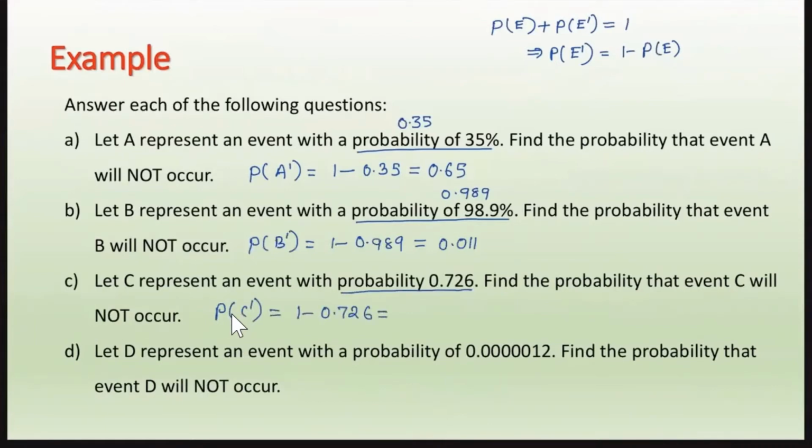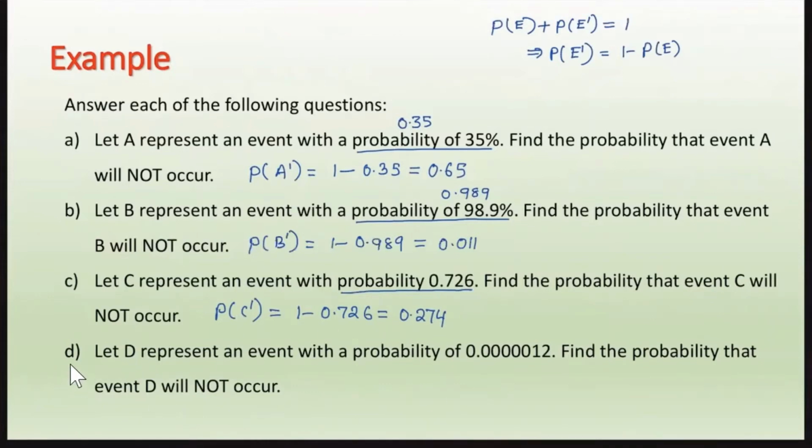Again, please subtract that in your calculator and give me the result. 0.274. Thank you. Okay. So in all these examples, we are finding the complementary probability.